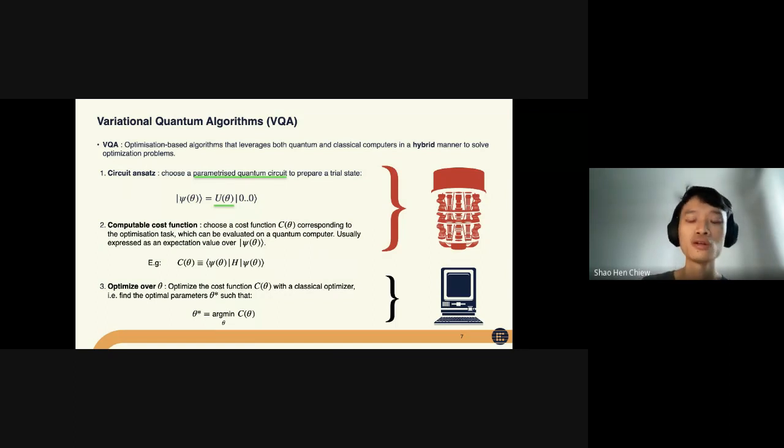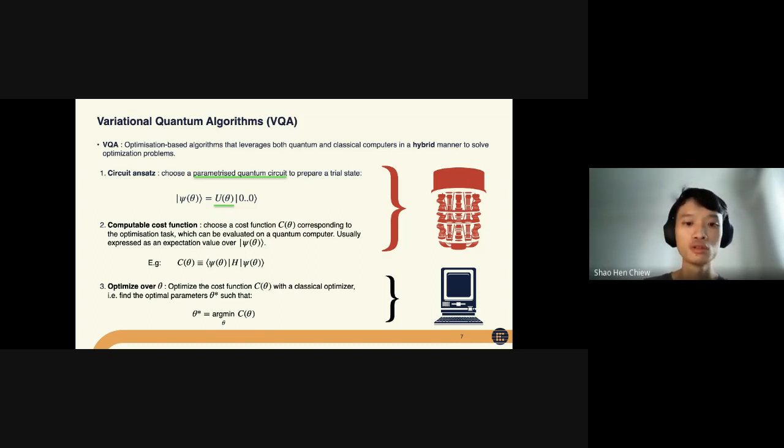So imagine that you will compute the cost function and the gradients with your quantum computer. Let's say at iteration 0, we can label the parameters at this iteration theta 0. At the 0th iteration, you compute the cost function, C theta 0, and also the gradient of C theta 0.